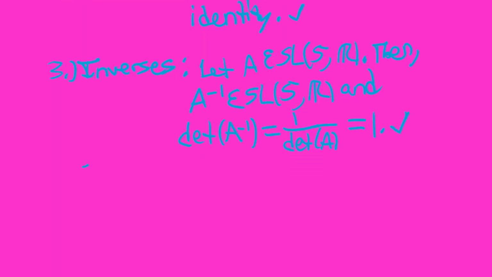And the determinant of the inverse of A equals 1 over the determinant of A. This is a property of inverses of matrices, which for the special linear group is going to be 1. So we have inverses for every element of our group. So therefore, our special linear group, 5 by 5 real matrices with the determinant of 1, is a group.